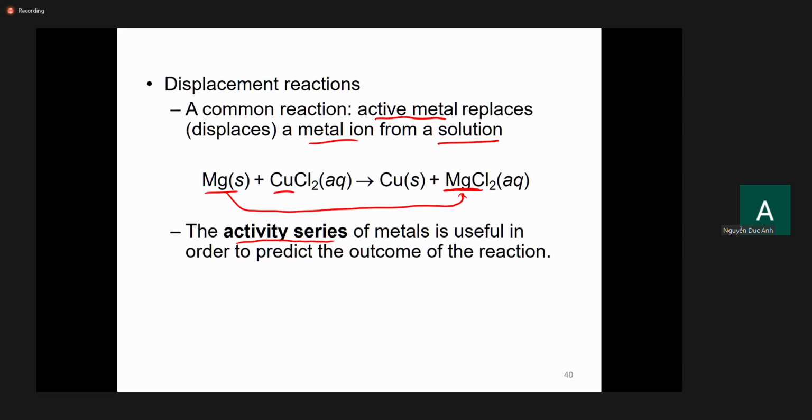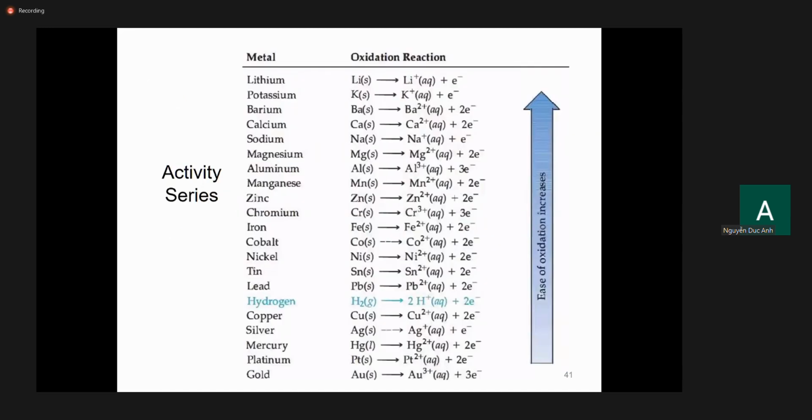Of course, because copper is now pushed out of the salt, it will appear as solid copper. So the activity series shows it like that, and I'm sure you know it from high school, with a very famous sentence. Maybe you studied it in 8th or 9th grade. Okay, so let's keep it.